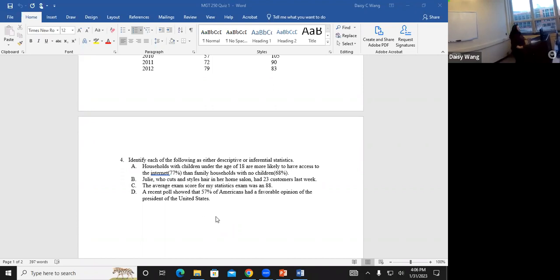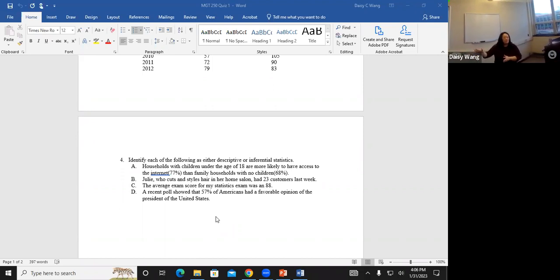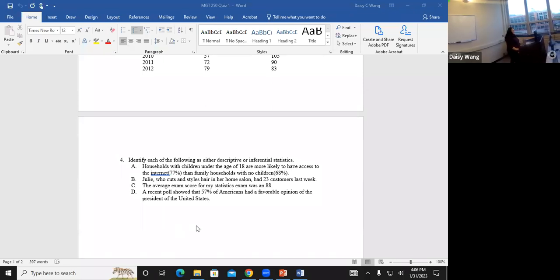Okay. So D, a recent poll showed that 57% of Americans had a favorable opinion of the President of the United States. So this is inferential, because the poll shows that they actually favor this president. So that's it.